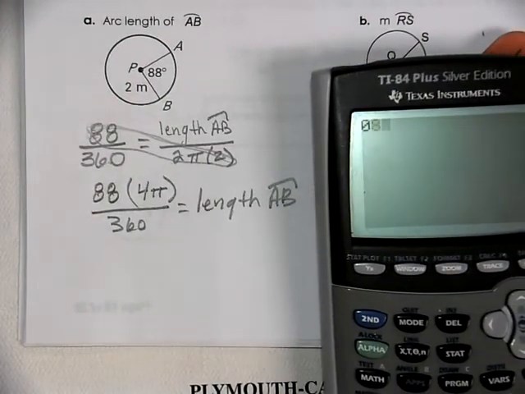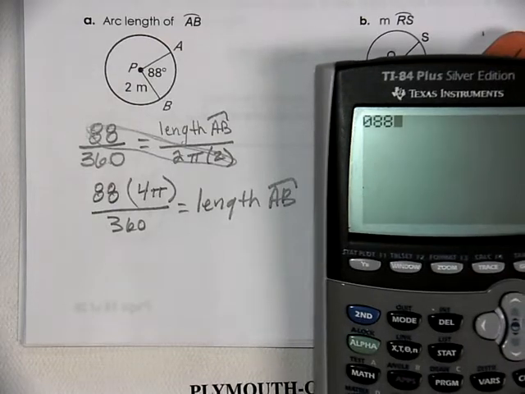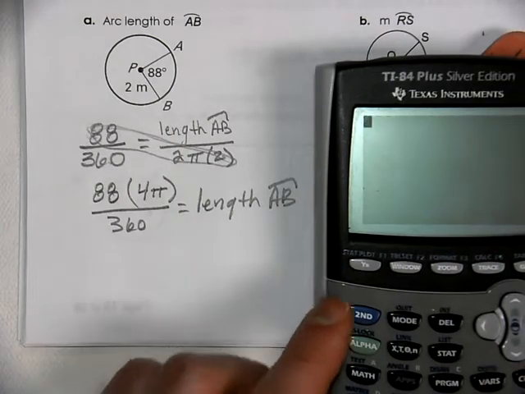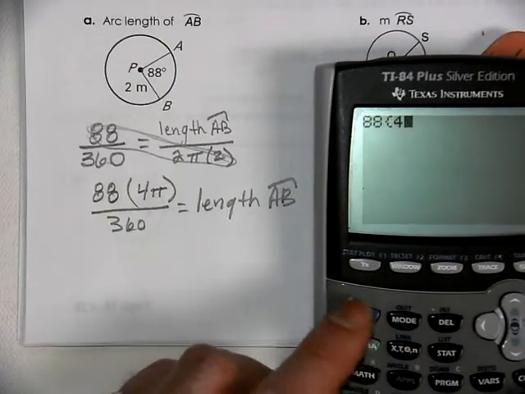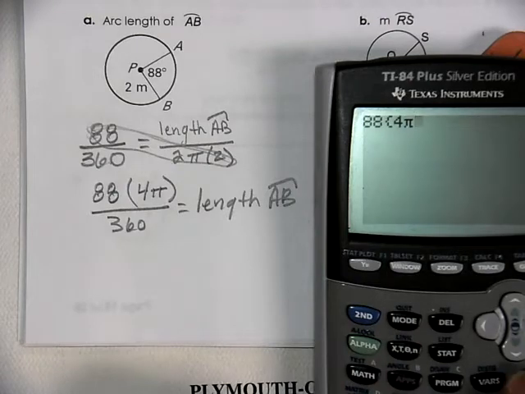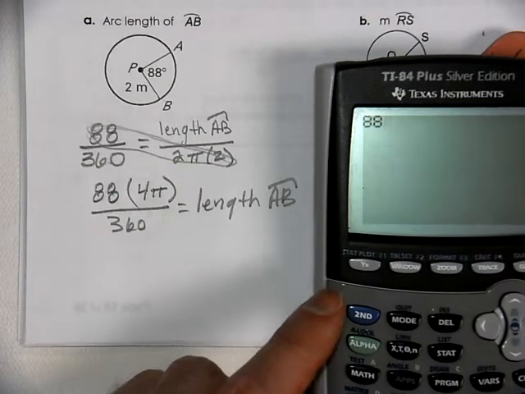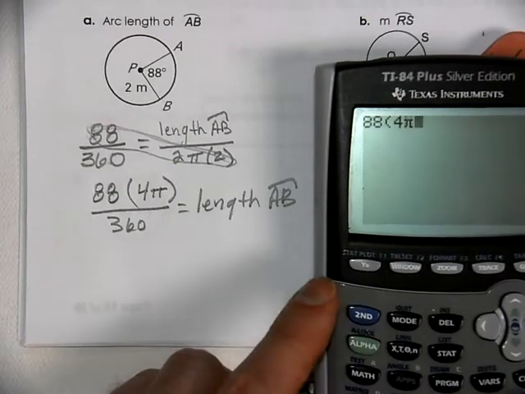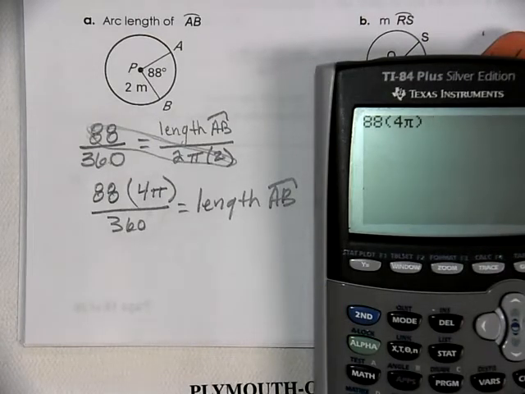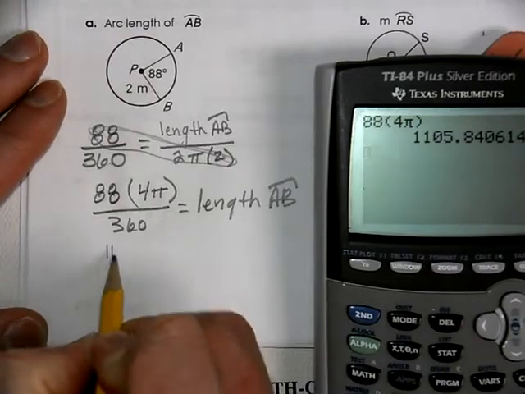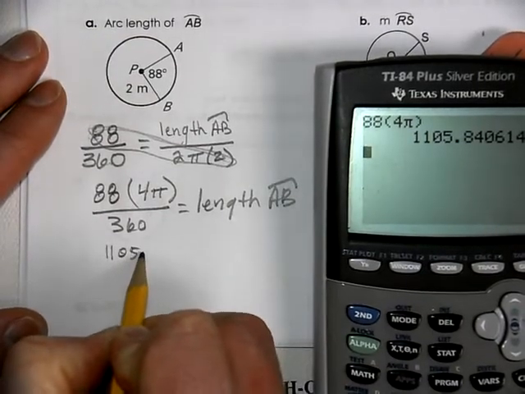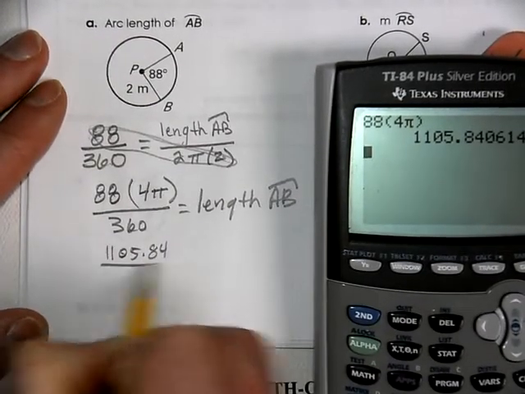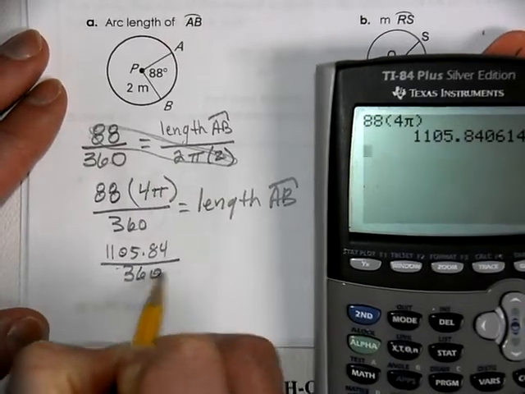So we're going to take 88 times 4 pi. So that's going to be 1105.84, and we're dividing that by 360.